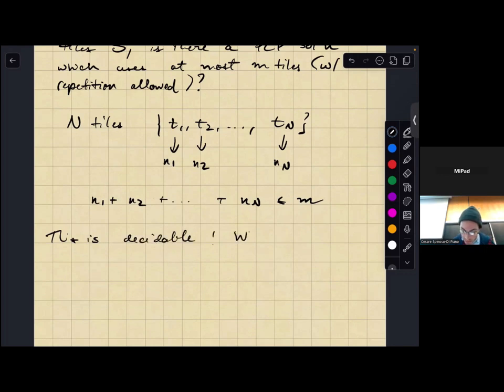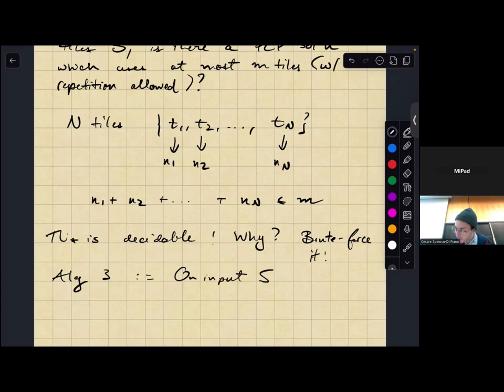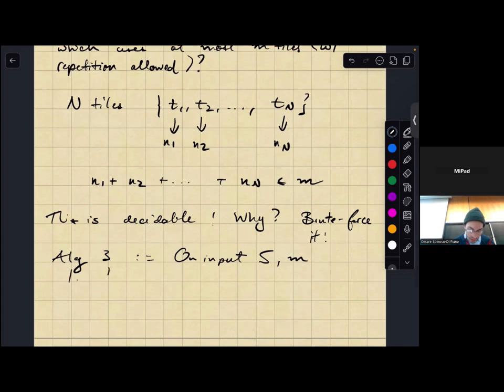Decidable. Why? You can just brute force it. A very pseudocode algorithm, let's call this algorithm 3. On input S and M, just list all possible solutions, and then check each one.